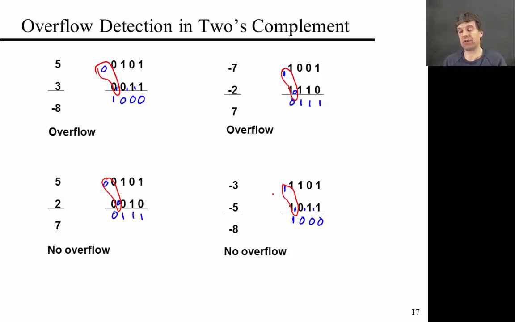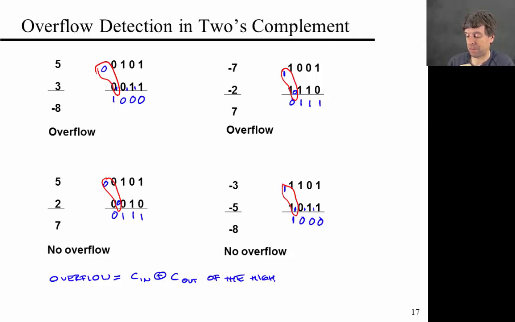And this actually is generally true no matter what the numbers are, so you can say that overflow is in fact the XOR, the exclusive OR, of the carry in and the carry out of the highest order bit.